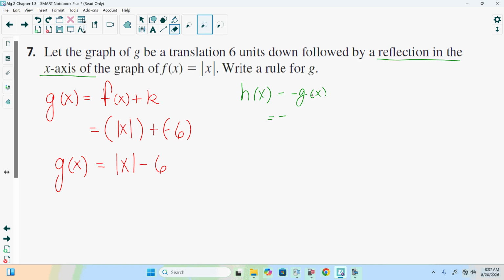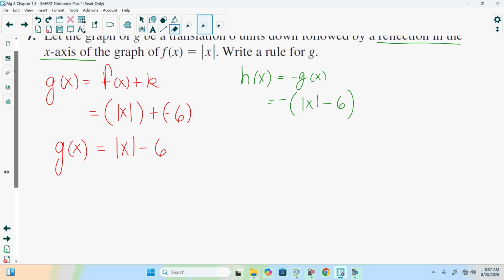And then we take our next step. Here, even though that's g of x, not f of x, I am not taking a single point. It's just naming it. Then we need to do what? Multiply through by that negative, yes? So we multiply the negative by the absolute value, giving us negative absolute value of x.